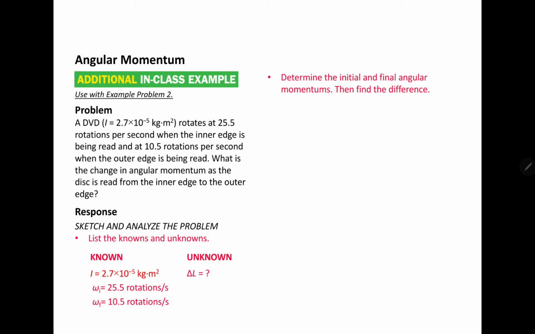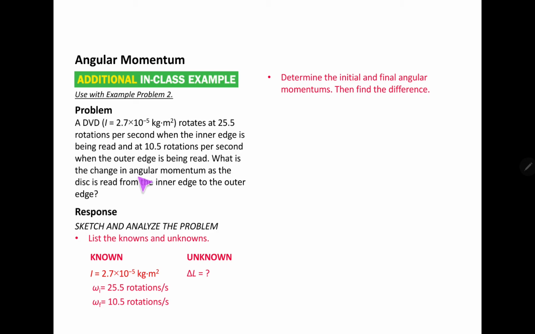It rotates at 25.5 rotations per second when the inner edge is being read, so omega initial equals 25.5 rotations per second. And at 10.5 rotations per second when the outer edge is being read, so omega final equals 10.5 rotations per second.